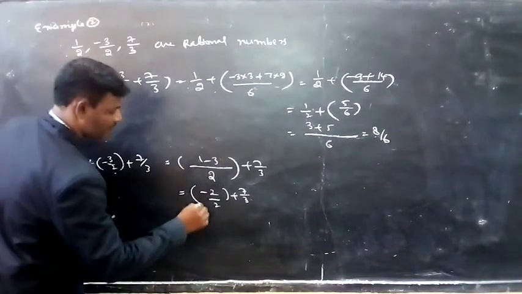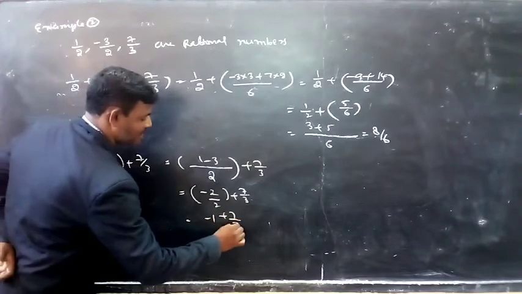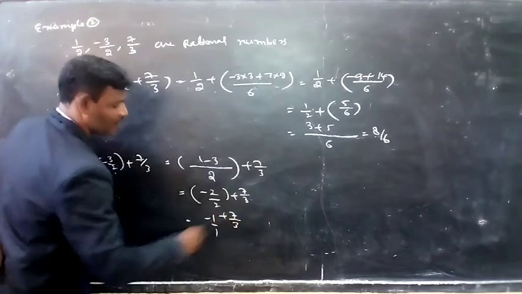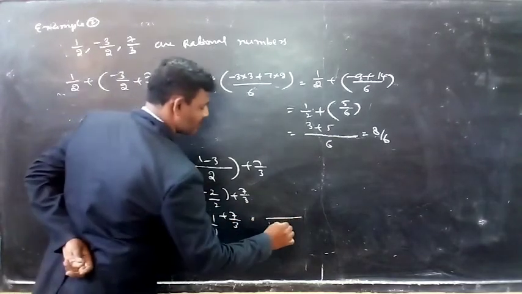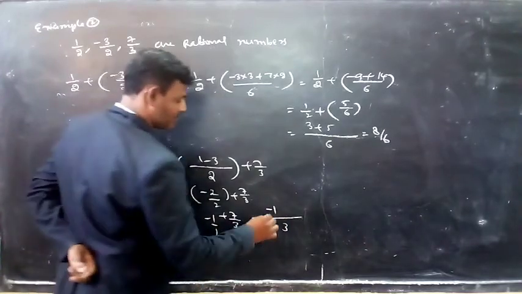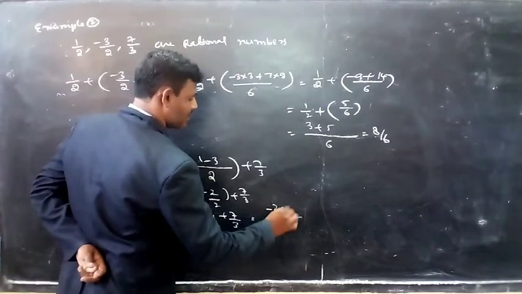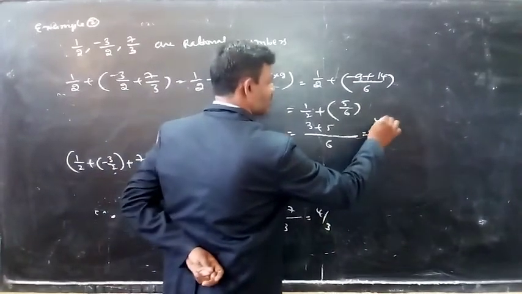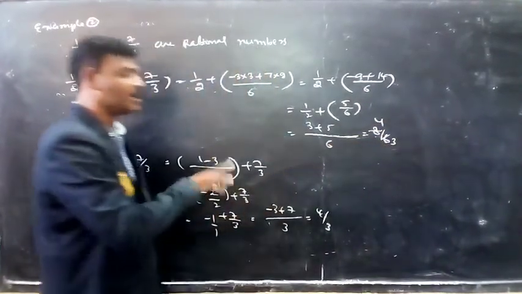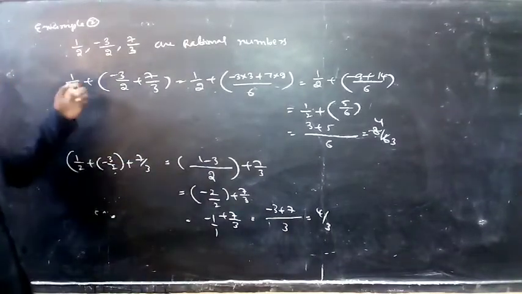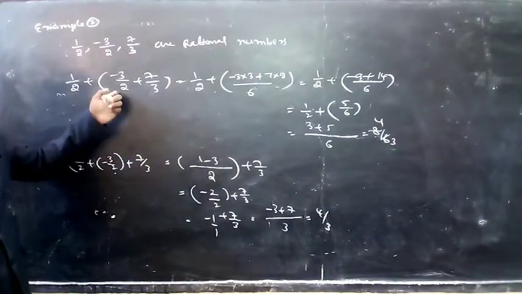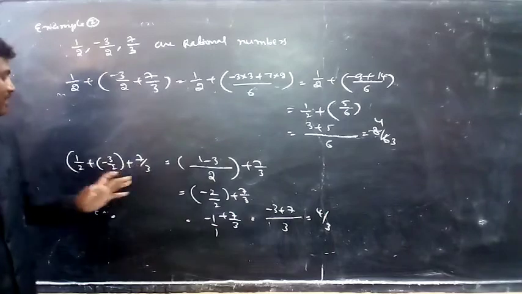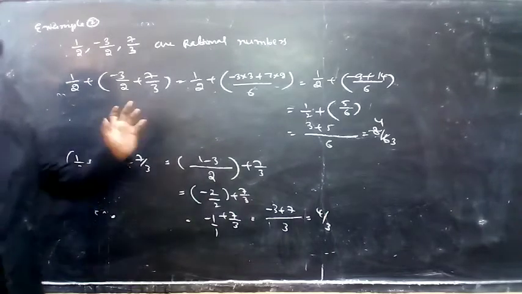So here minus 1 plus 7/3. The LCM here is 3. So it is minus 3 plus 7 by 3, nothing but 4/3. So here the result of 1/2 + (-3/2 + 7/3) is 4/3, equal to the result of (1/2 - 3/2) + 7/3.